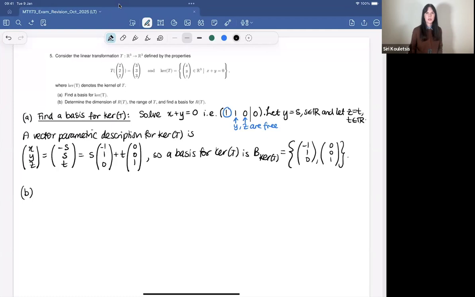So have a think about that for a moment. The rank nullity theorem tells us that the rank of T plus the nullity of T is equal to the dimension of the domain of T.